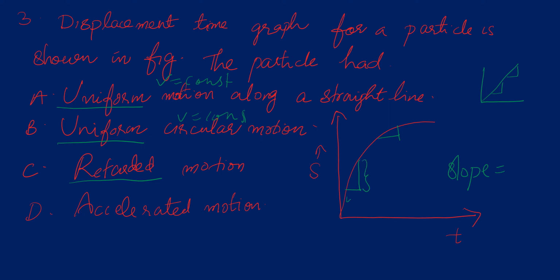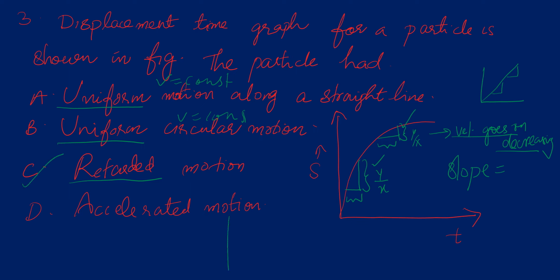Here, when we find y by x, the velocity, we can see that velocity goes on decreasing, because the y value goes on decreasing. That's why velocity goes on decreasing, which means it is a retarded motion. So option C is the correct one.